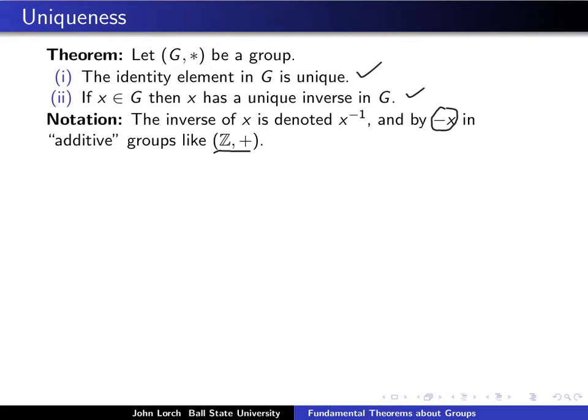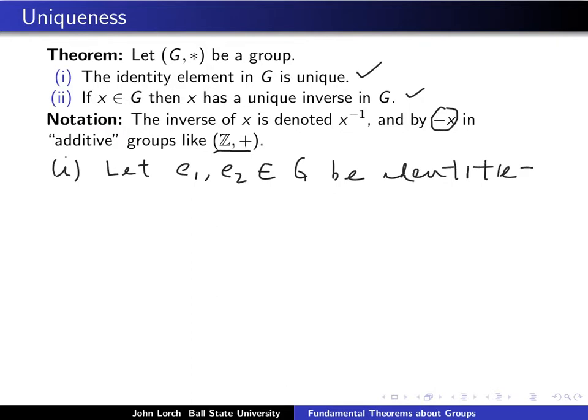Okay, so let's go ahead and prove the theorem. So let's start with item 1. And we're going to start with two elements in G that are going to be identities. So then E1, I know, is E1 star E2, and that's because E2 is an identity.